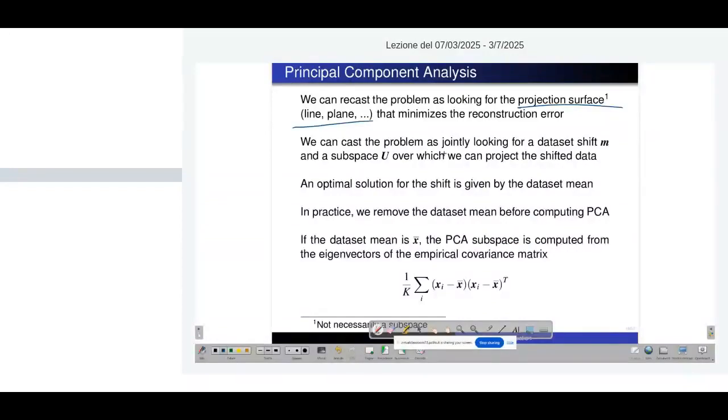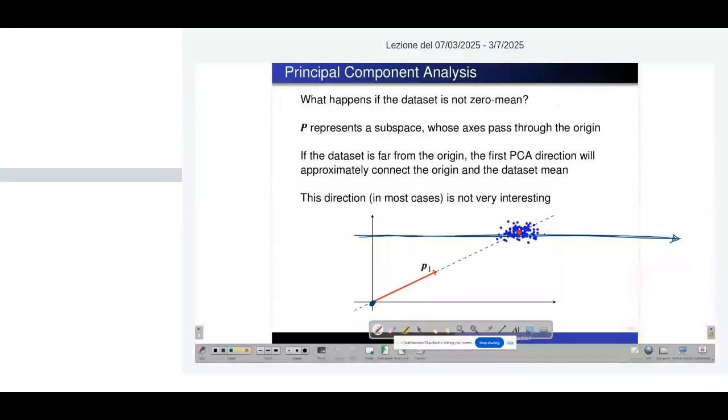A way to cast the problem, and again, we just say it without proving, we can cast the problem of finding a generic surface as finding a shift of the data so that I can consider the new surface as if it was a subspace of a new reference frame which has its origin shifted with respect to the origin of the original frame.